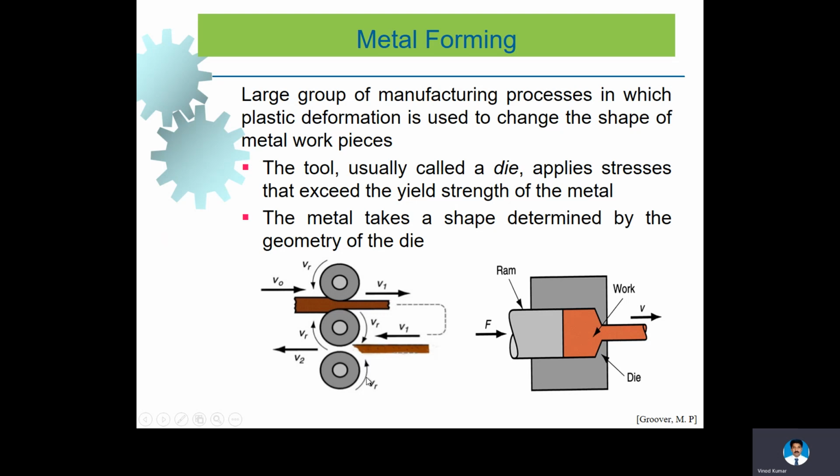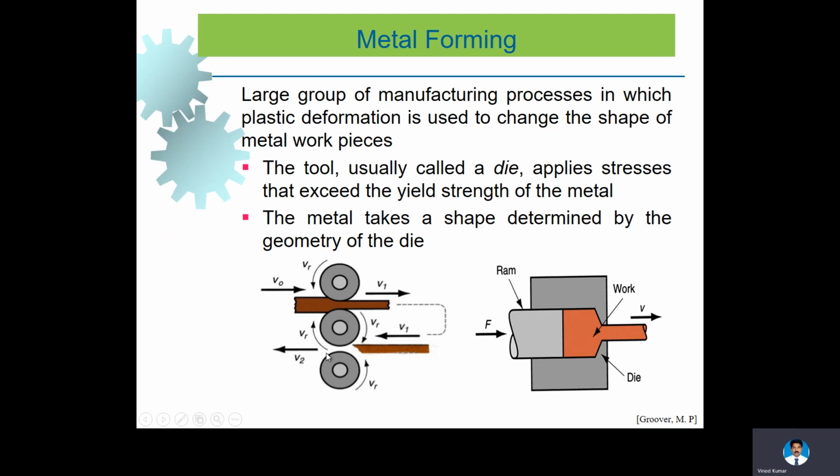Here we are not going to add any mass or remove any mass, but we are going to change the shape by plastic deformation, by applying a sufficiently large load to cross the yield strength of the material, and hence we can change the shape.